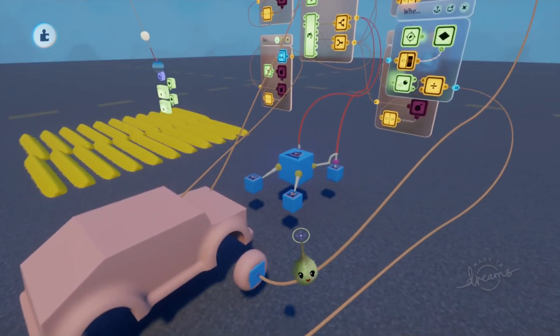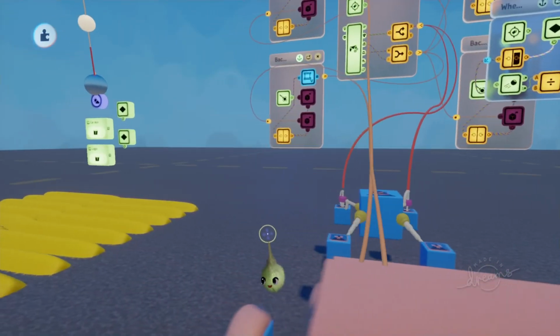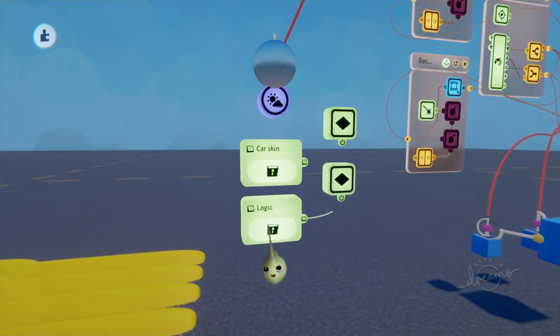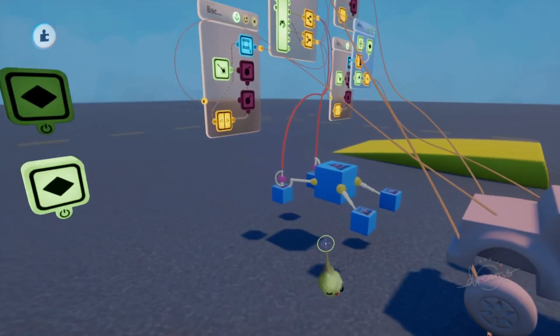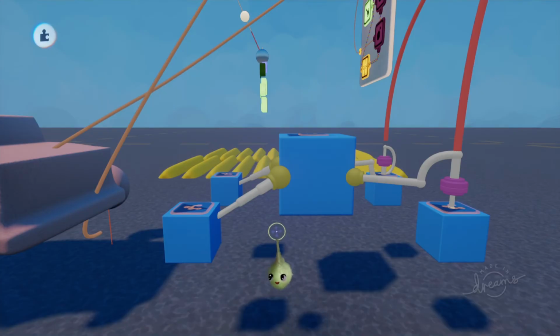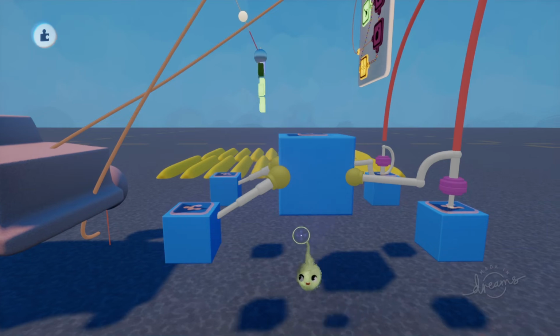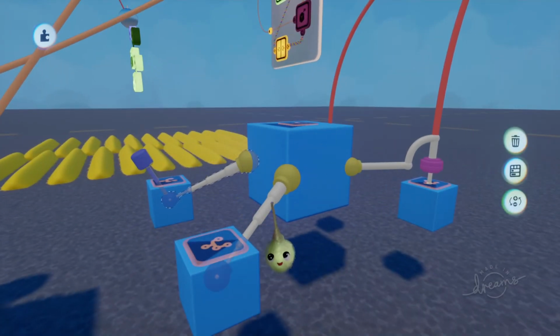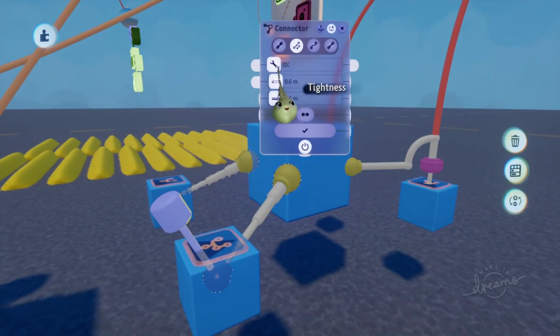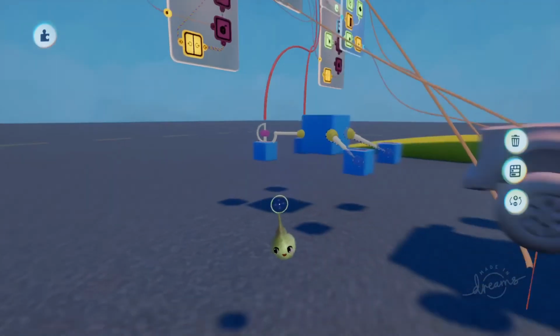As for the issue I was having, this is basically how I've done car logic since early access. But one thing I did differently this time around when I was making that hover bike is on these sliders, which isn't really necessary, but I didn't think it would hurt anything, I set the tightness to 100%.